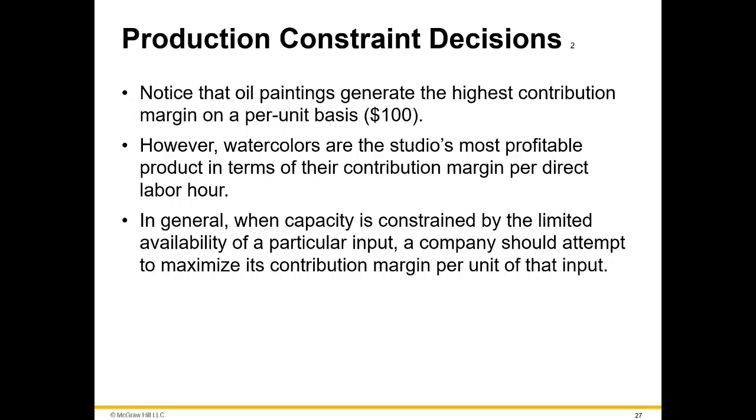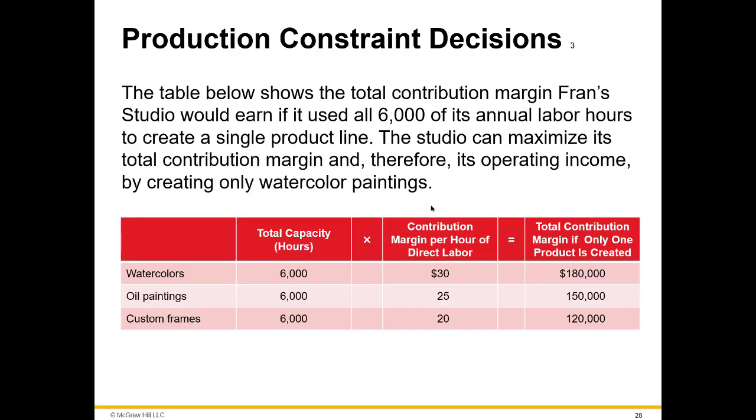In general, when capacity is constrained by the limited availability of a particular input, a company should attempt to maximize its contribution margin per unit of that input. So, if we did all 6,000 hours on watercolors, we'd make a contribution margin of 180,000, or oil paintings or custom frames. And so we can see that there.